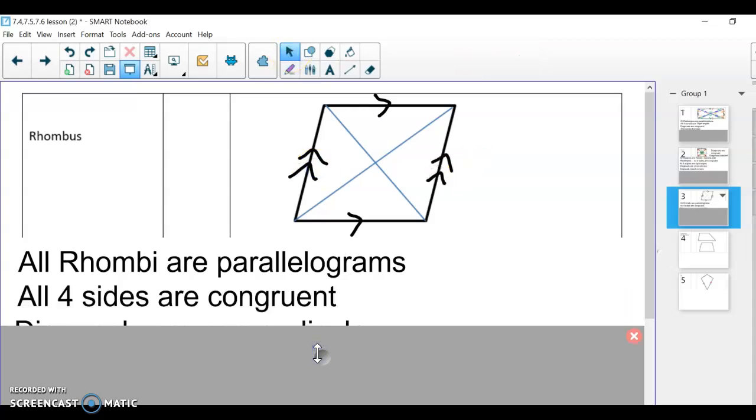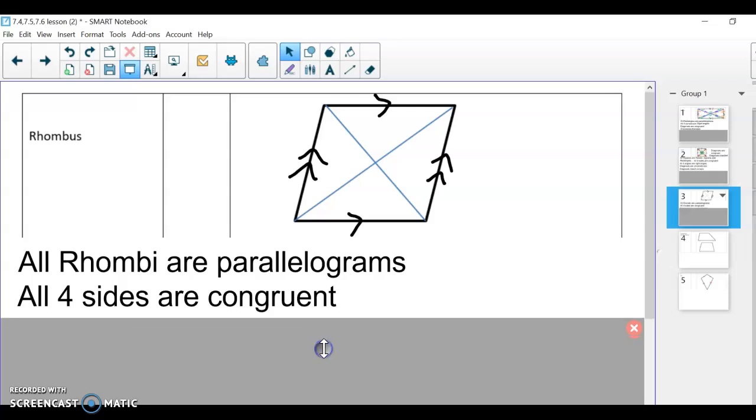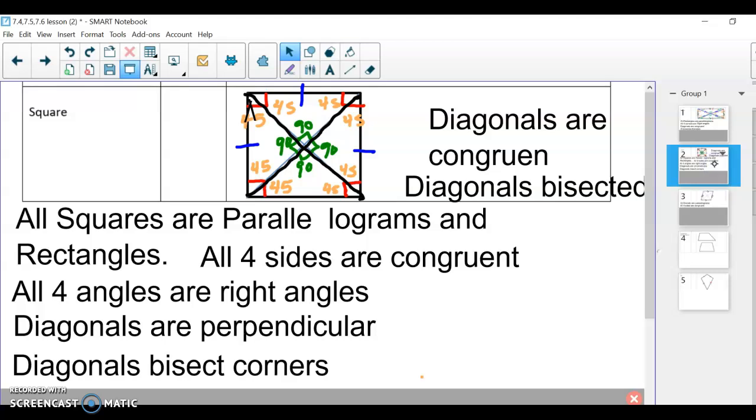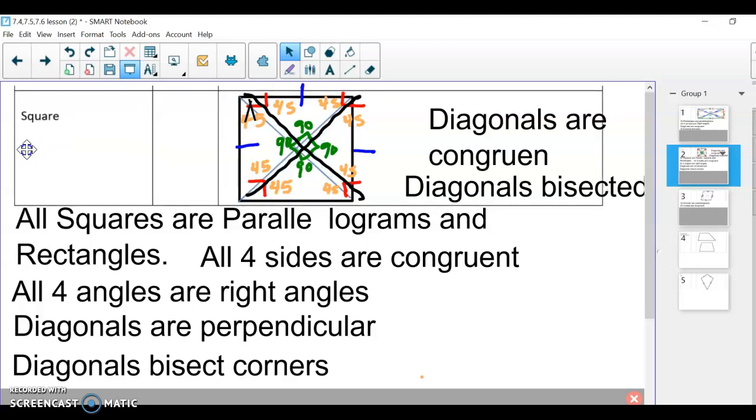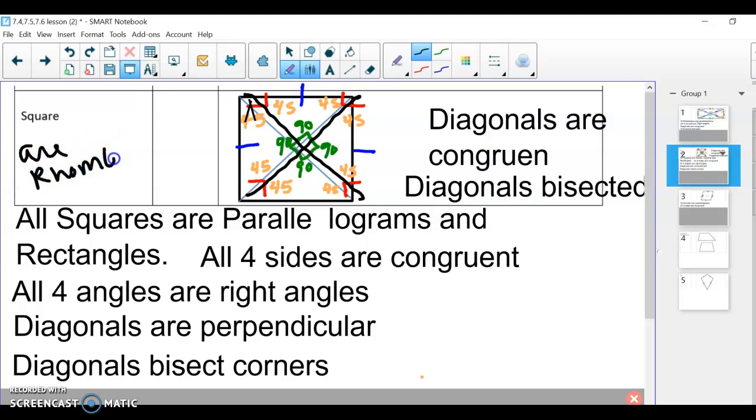All 4 sides are congruent. So if I switch back here to squares, all squares are parallelograms and rectangles. All squares are rhombuses also. So every single square is a parallelogram, it's a rectangle, and it's a rhombus.